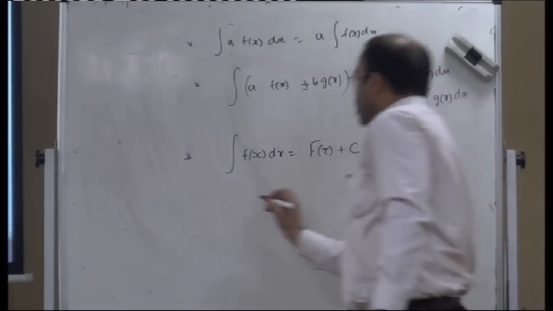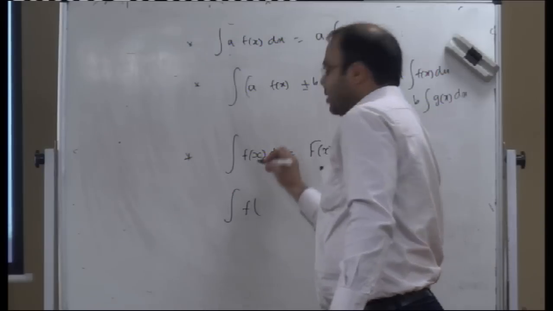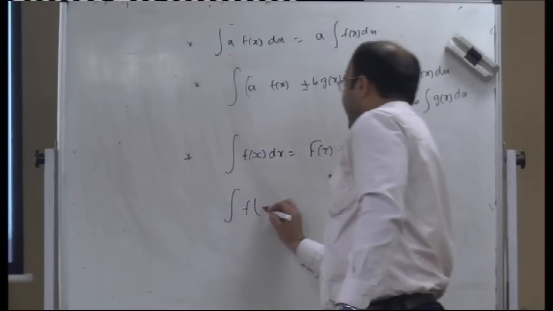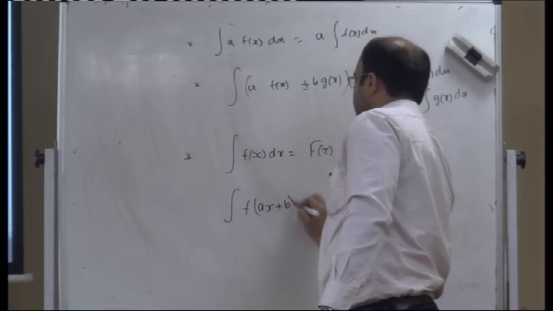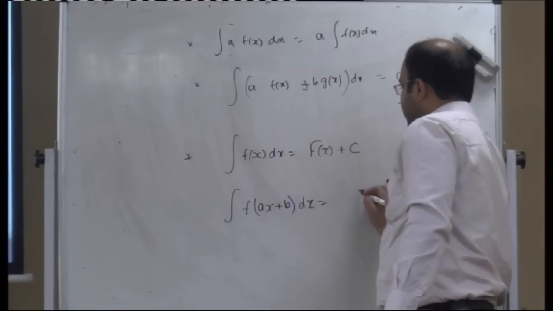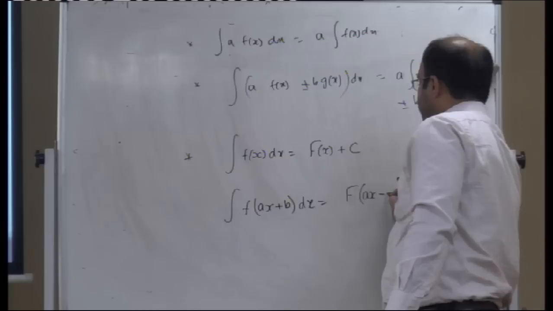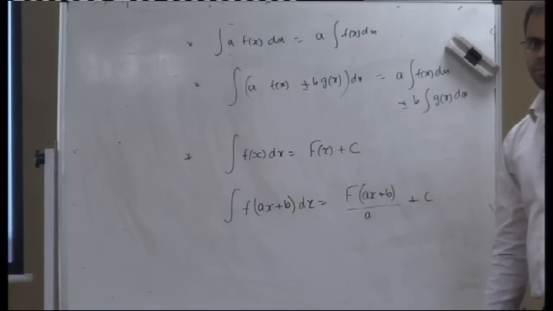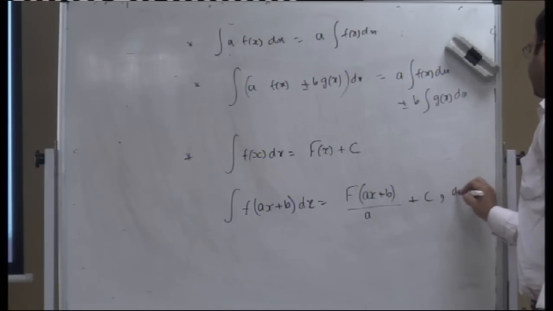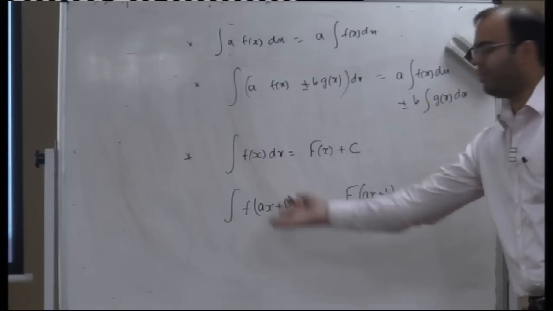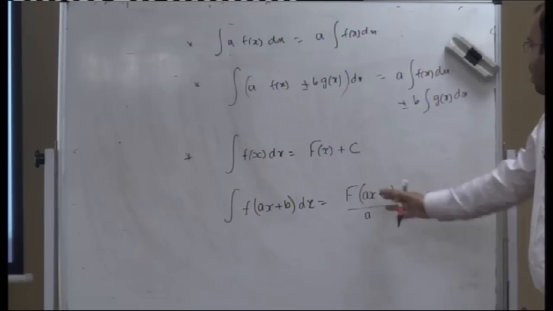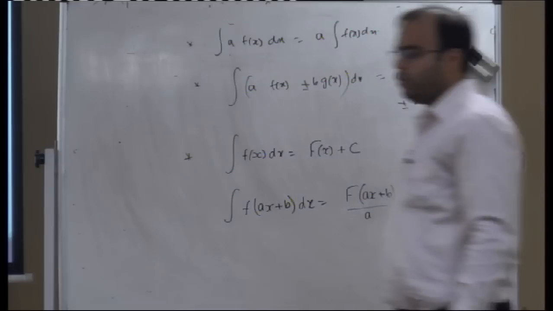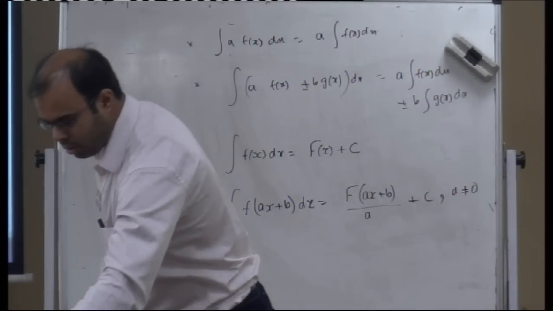If x is replaced by a linear term depending upon x, like ax plus b, then this becomes capital F(ax plus b) upon a, plus C. Here a is not equal to 0, obviously, because if a is 0 this term will vanish. So this is the linear extension of integration, and you can apply it like this in a few formulas.